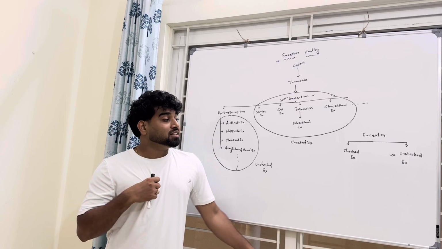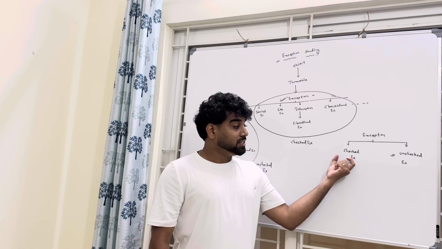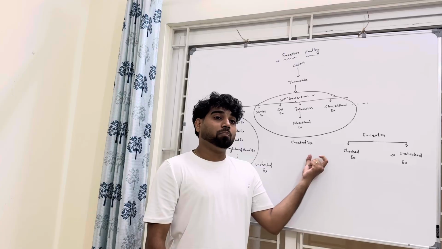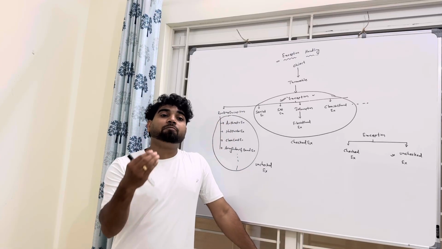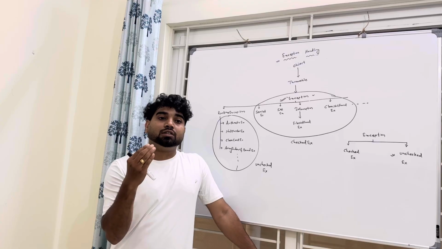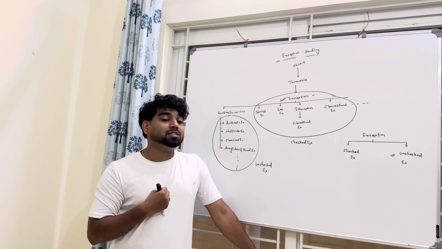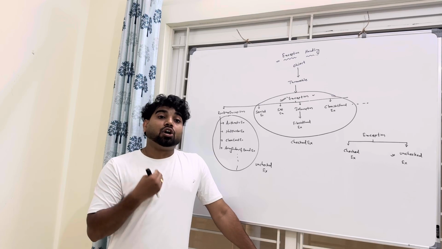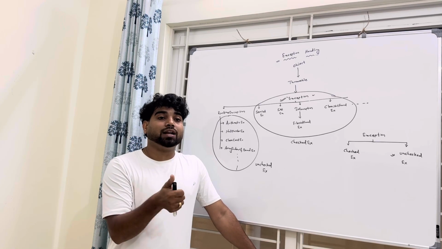So then, what do you mean by checked exception, and why am I saying that a checked exception will be checked by the compiler? See, at runtime you should not face any exception. That is why the compiler will check that. What I mean is, if some exception may occur at runtime, the compiler will force you to handle the exception.